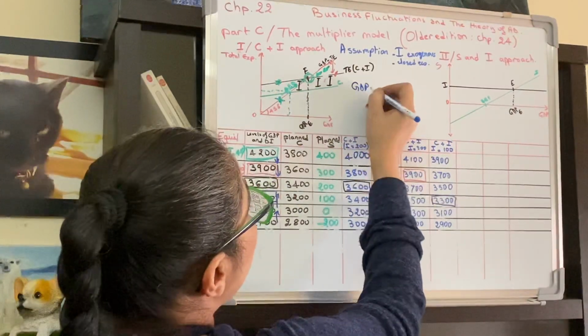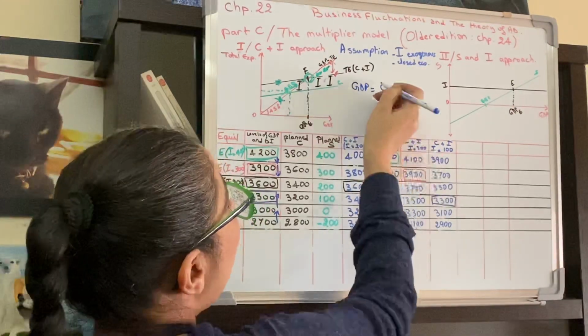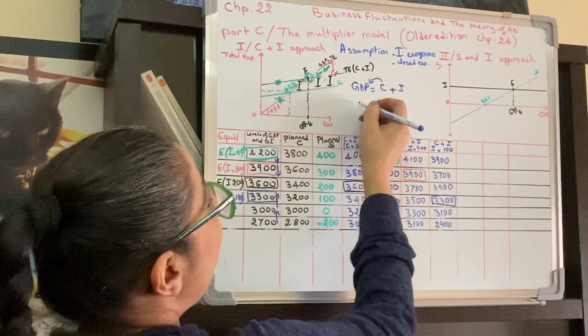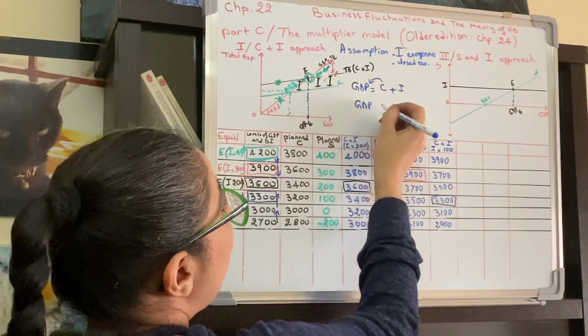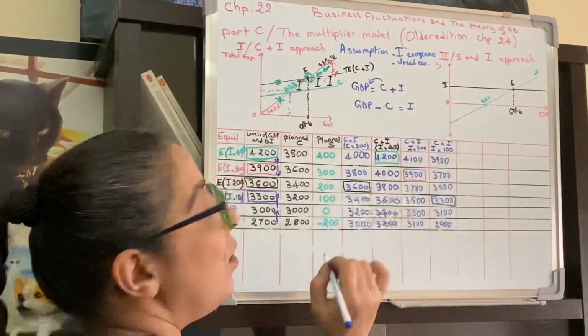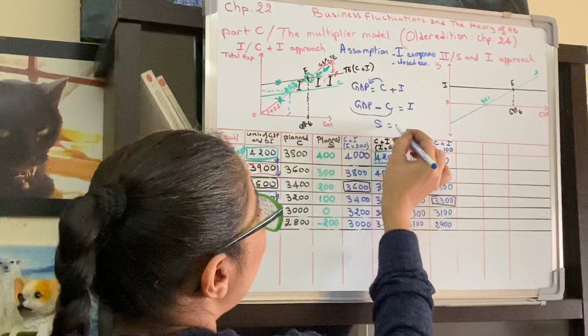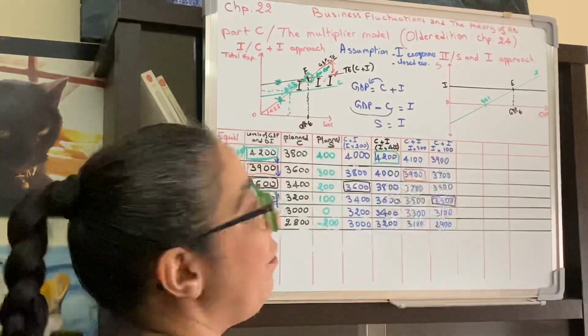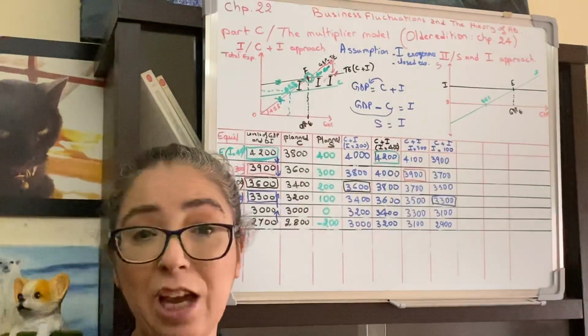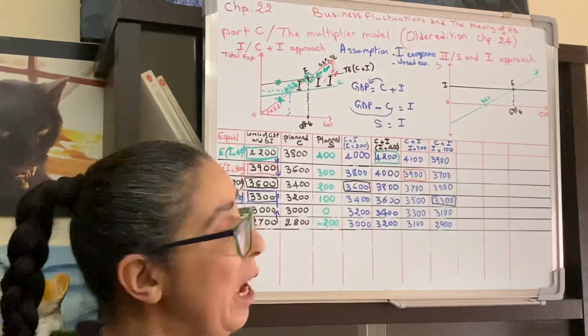GDP is equal to C plus I. I'm going to move this one over here, so GDP minus C is equal to I. And what's GDP minus C? It's your saving, which should be equal to your investment. That's where you find the equilibrium. The same equilibrium, because these are mirror images, okay?